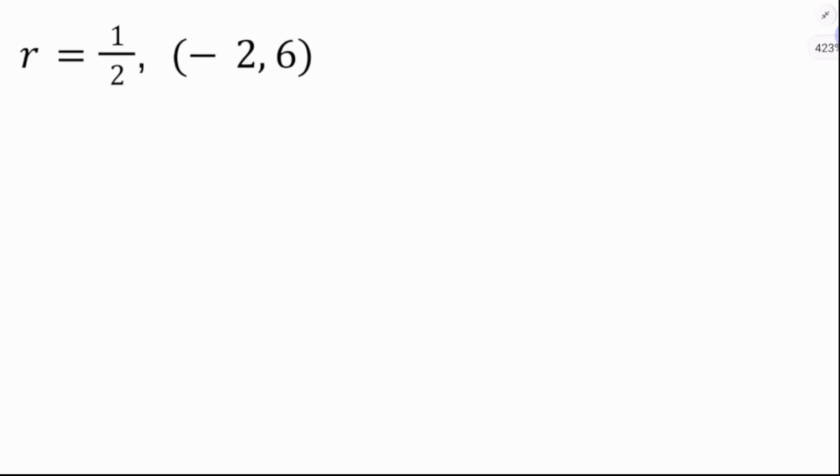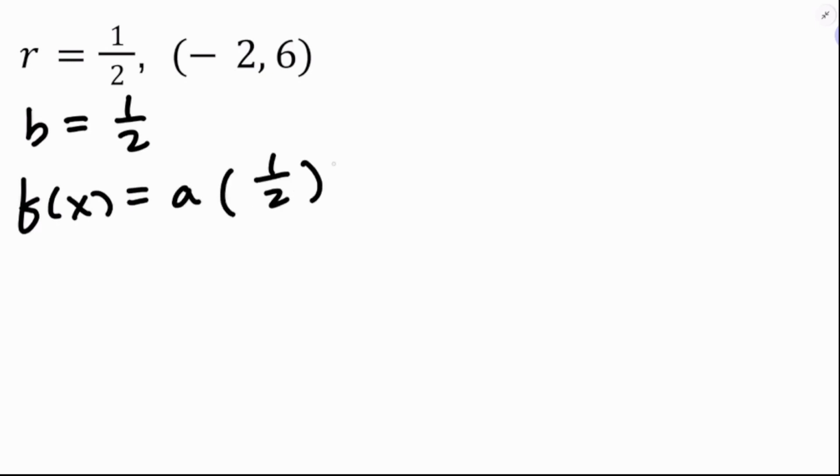Here, r equals 1/2, so that's b equaling 1/2. f of x will equal a times 1/2 to the x. f of -2 equals 6, so 6 equals a times 1/2 to the -2.